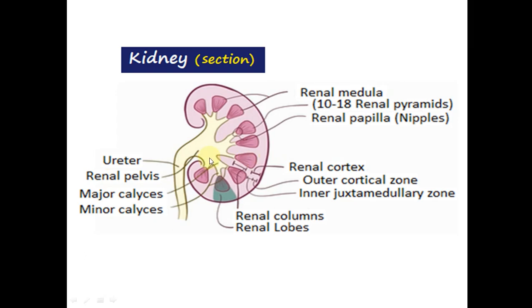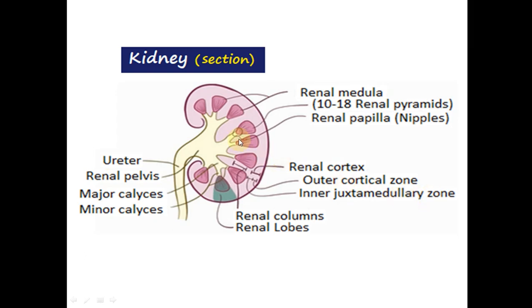If we take a cross section of the kidney, we can see that the kidney is divided into an outer portion known as the cortex and an inner portion known as the medulla. The renal cortex is further divided into an outer cortical zone and an inner zone known as the juxtamedullary zone.